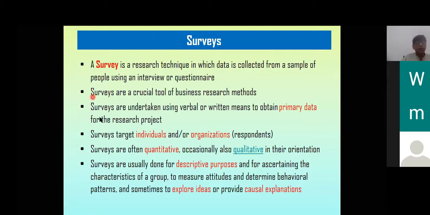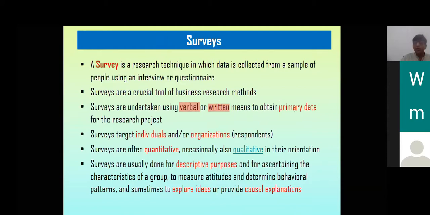Surveys are undertaken using verbal or written means to obtain the primary data. So two things are here: the survey is taken through the verbal, like the interview, and the written, like the questionnaire. Verbal is with the help of the interview, and this one is with the help of the questionnaire.